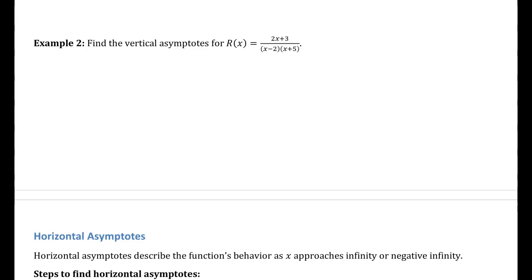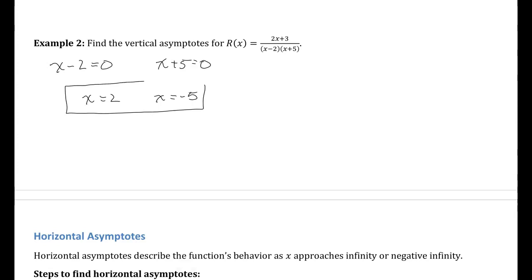Step 3, set the factors that are left in the denominator equal to 0 and solve for x. So we have x minus 2 is equal to 0, and x plus 5 is equal to 0, which means that our asymptotes are at 2 and negative 5.